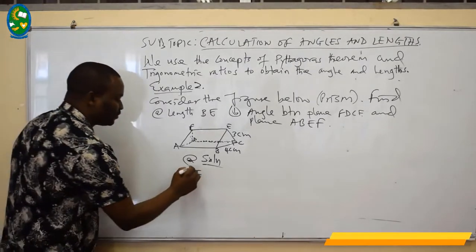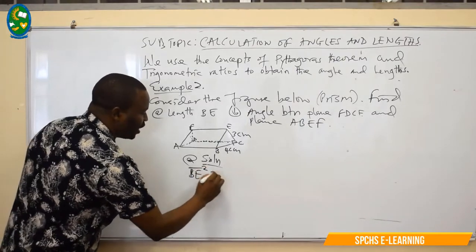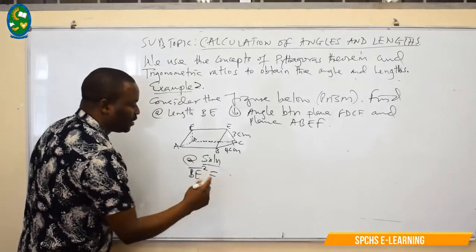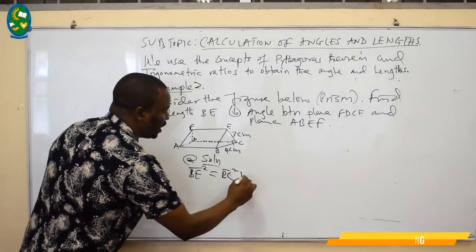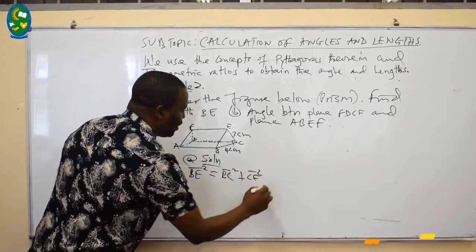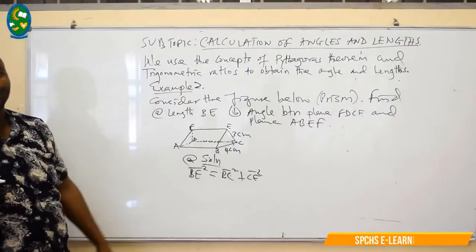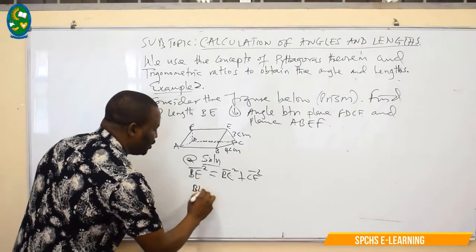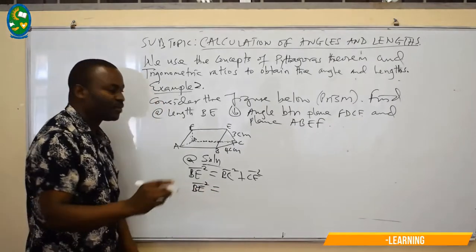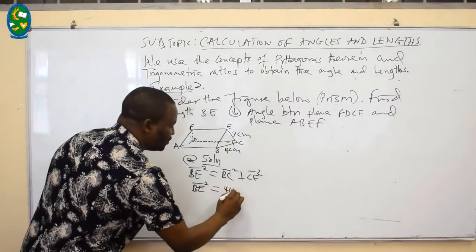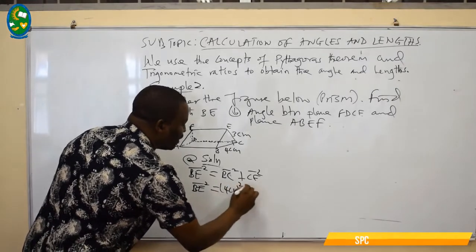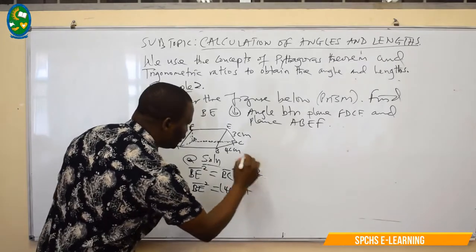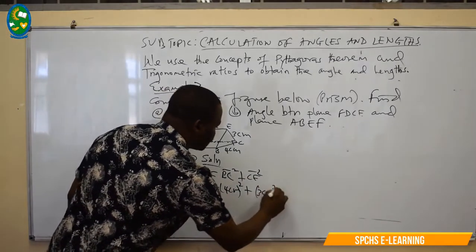line, we just take BE square equals BC square plus CE square. Now, substituting the values of BC and CE, we have BE square equals BC, which is 4 centimeters squared, plus CE, which is 3 centimeters squared.